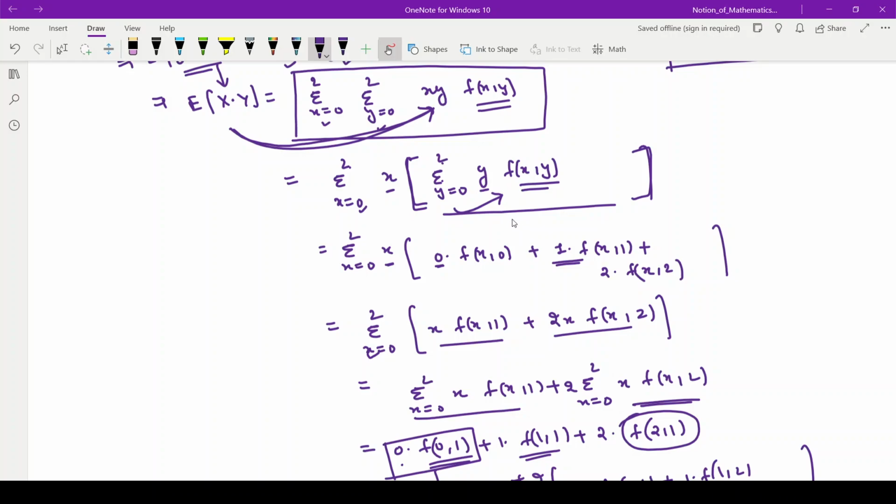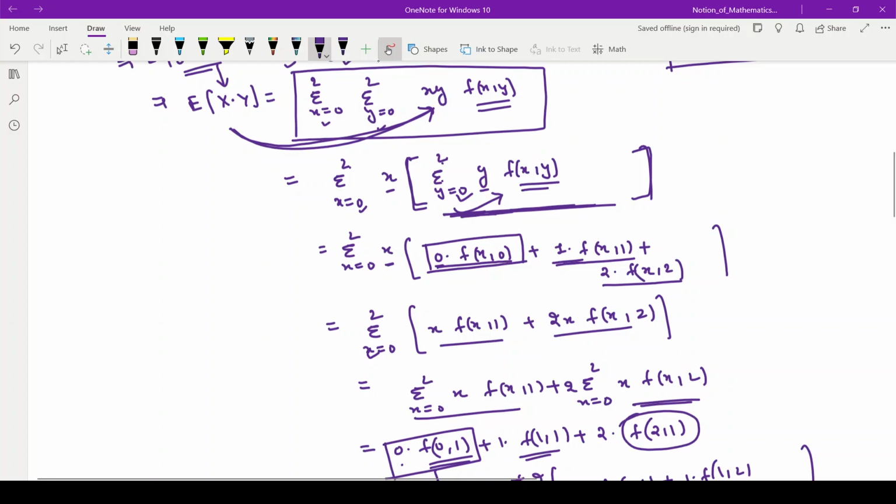So how can I expand this particular term? First I will be utilizing y equal to 0. So it is 0 into f(x,0), y equal to 1 is 1 into f(x,1), y equal to 2 is 2 into f(x,2). 0 into f(x,0) is not making any sense.